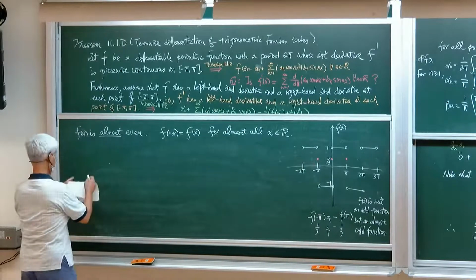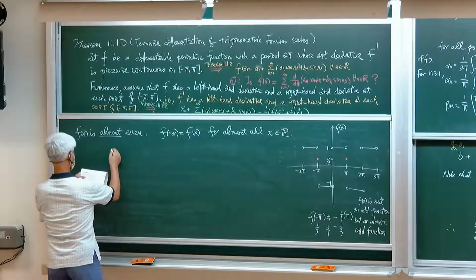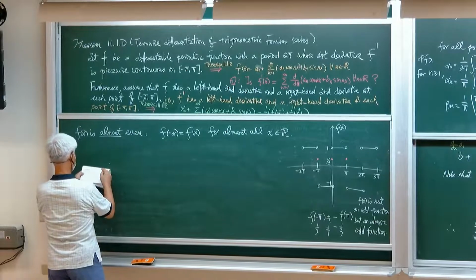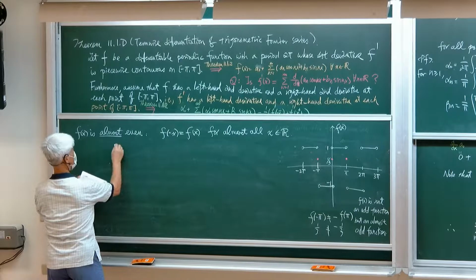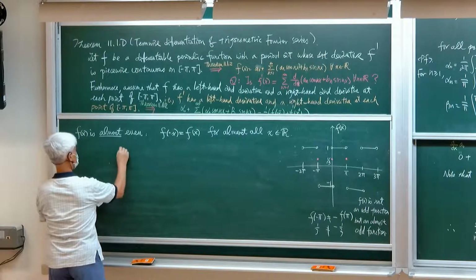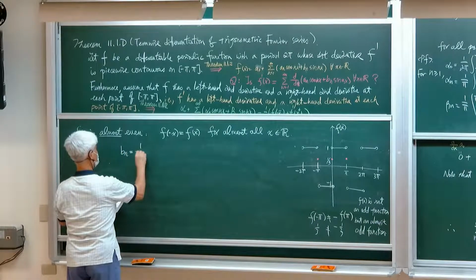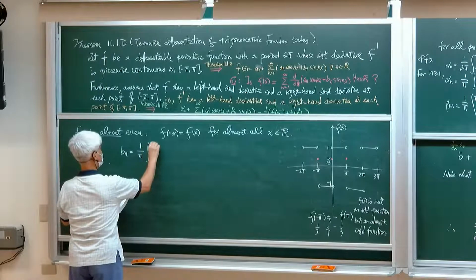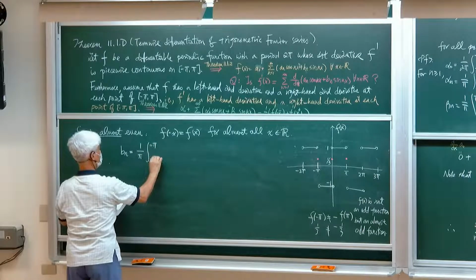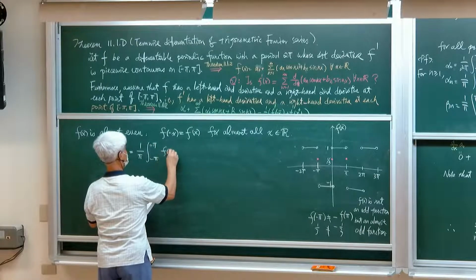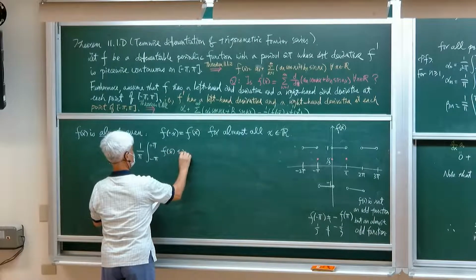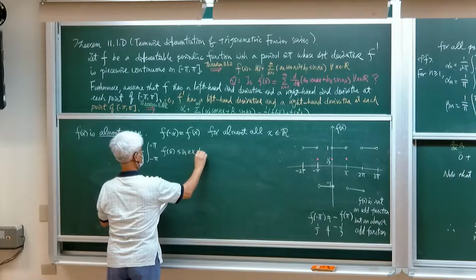All right. So in this case, for the Fourier series, we compute the Bn. So Bn is the integral of f of x sine n pi x over L dx.